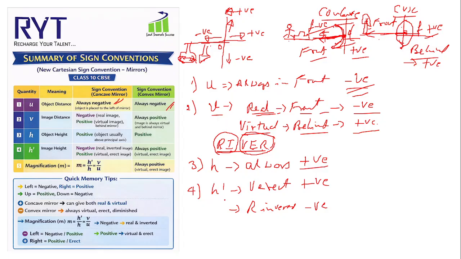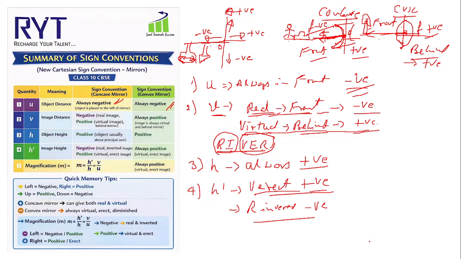Height of the image depends on whether it is real and inverted or virtual erect. If it is real and inverted, it is going to be negative. If it is virtual and erect, it is going to be positive. Both image distance and image height are positive for virtual erect and negative for real and inverted.